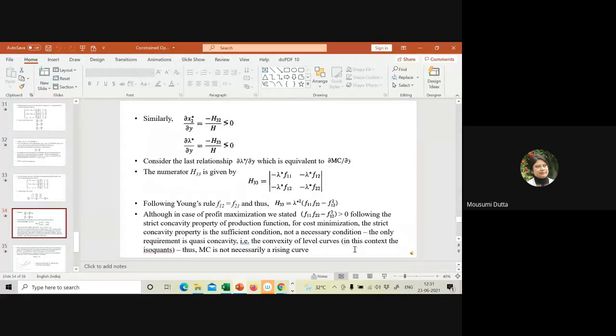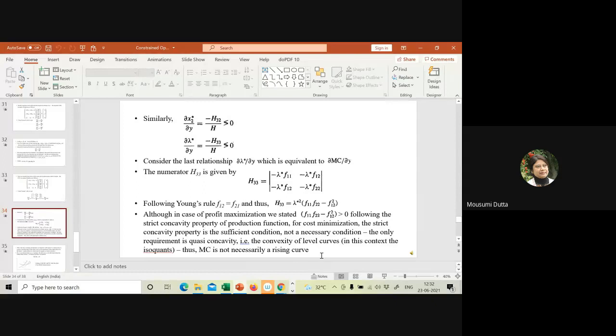In this context, we have to bring the restrictions in terms of strictly convex isoquants. Thus, marginal cost is not necessarily a rising curve. If it is a profit maximizing exercise, always we have to consider the rising MC.